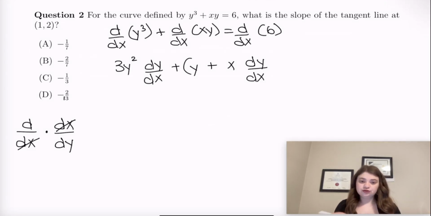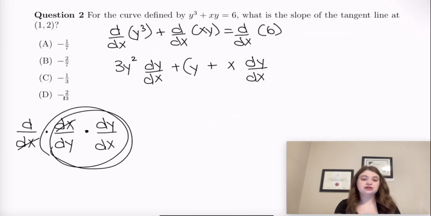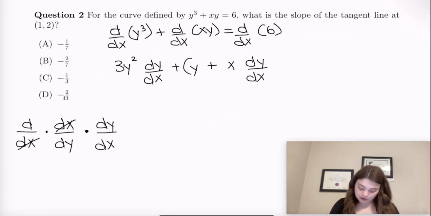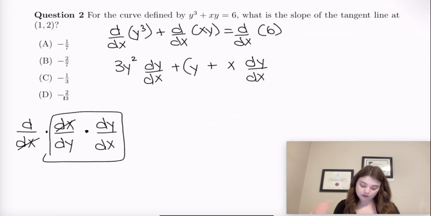But in order to do that, in order to cancel those out, we must put dy over dx, because this would cancel out with this one. So notice those two are going to cancel out with each other, and then we still have this one here. And so we are able to multiply these two things that would cancel.